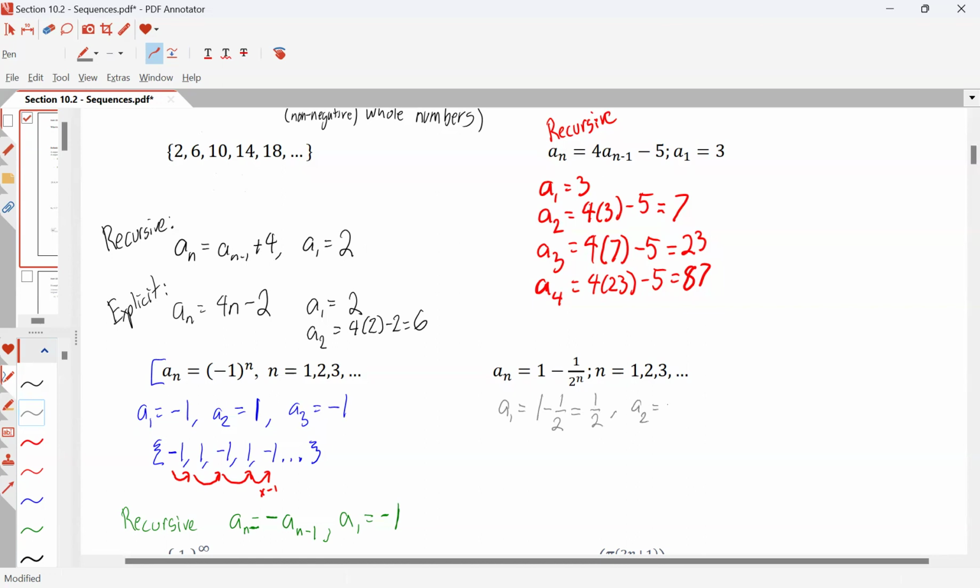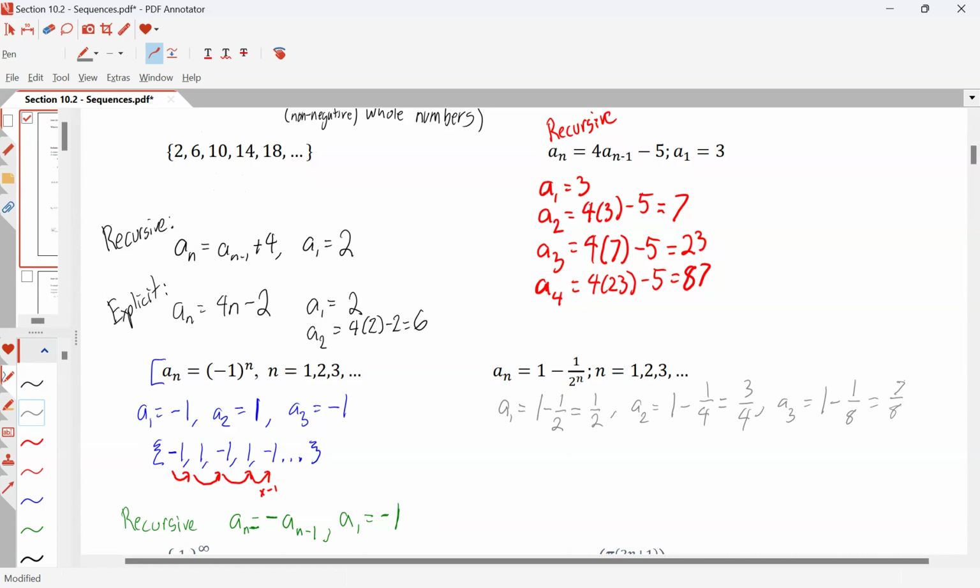A sub 2 would be 1 minus 1 over 4. 2 squared is 4, which comes out to be 3/4. A sub 3 is 1 minus 1 over 8, which gives us 7/8. You might start seeing the pattern.